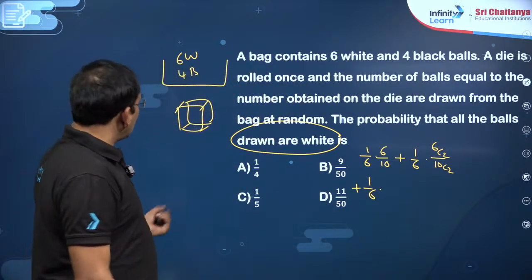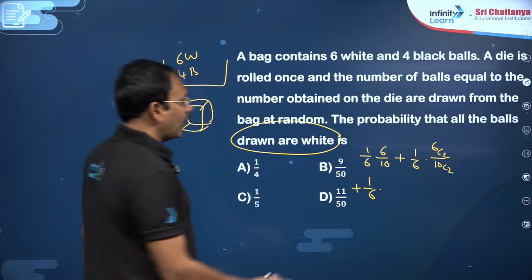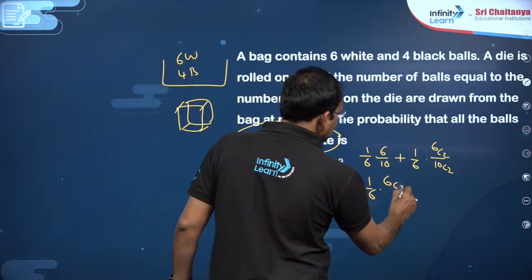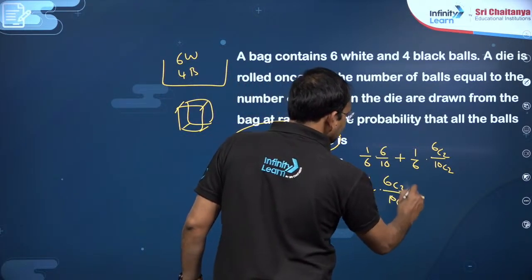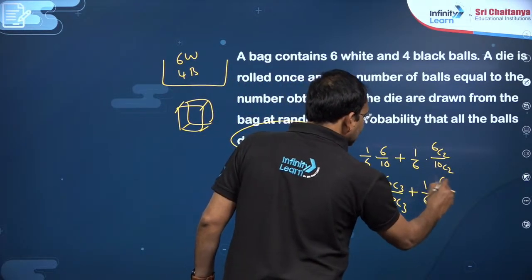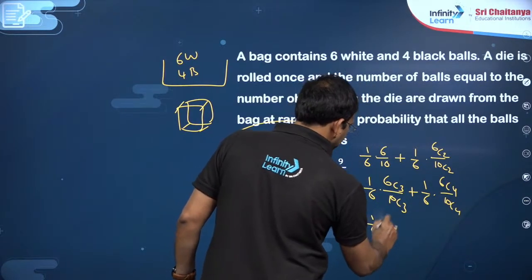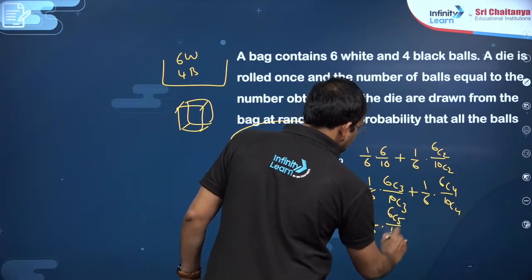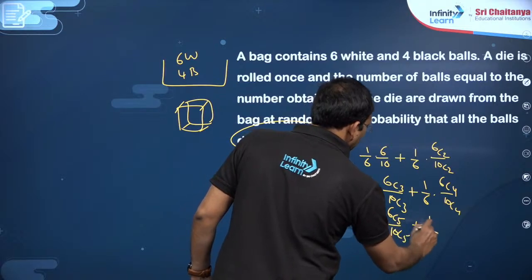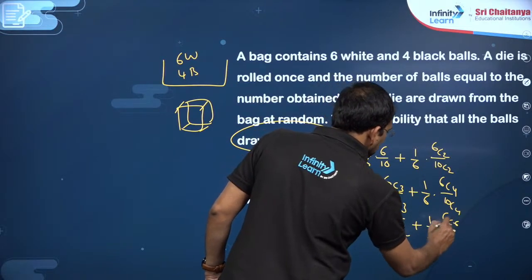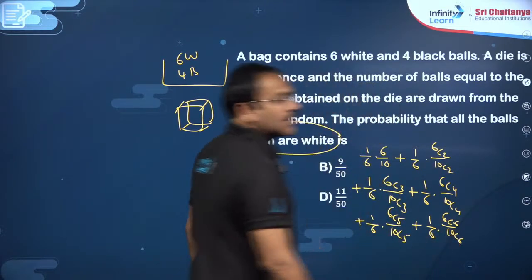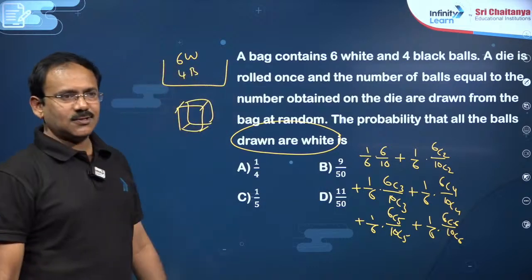Then you have to draw 3, all 3 must be white. That means 6C3 by 10C3. Similarly, 4 case 6C4 by 10C4, 5 case 6C5 by 10C5, and 1 by 6 into 6C6 by 10C6. You just compute, you will get the answer, dear students.